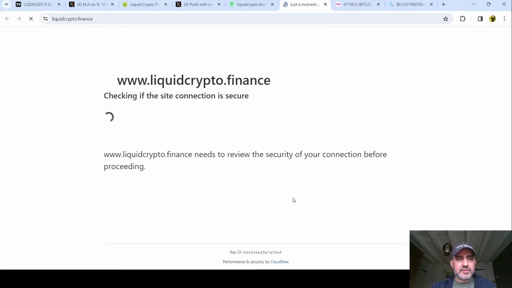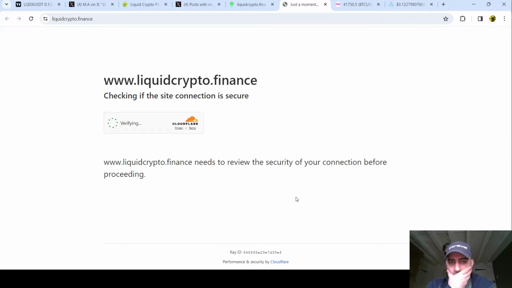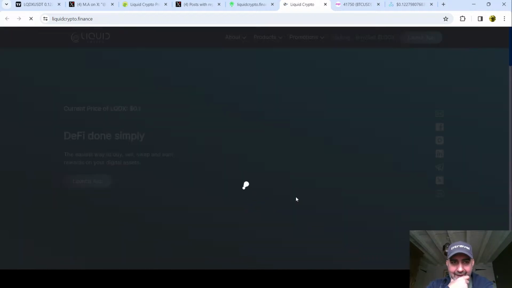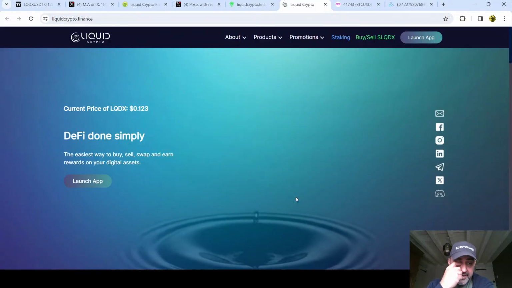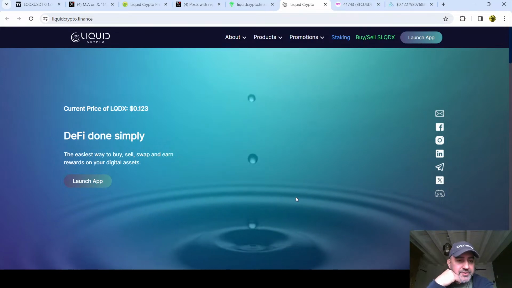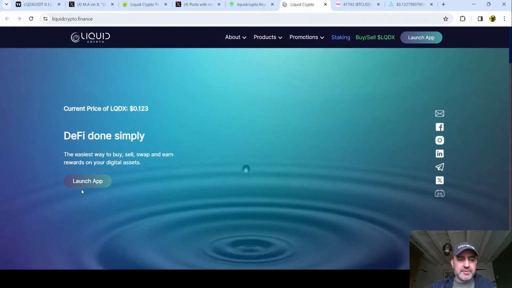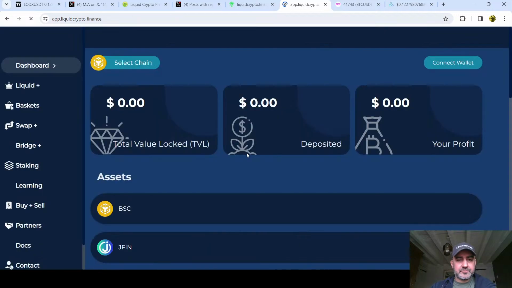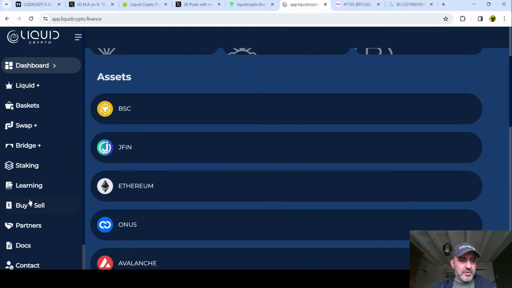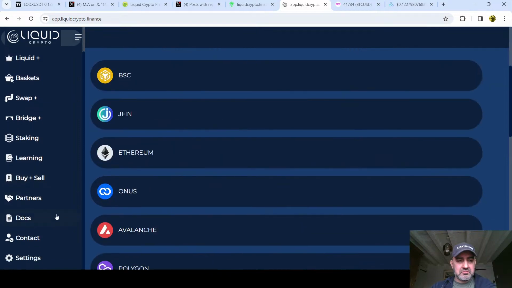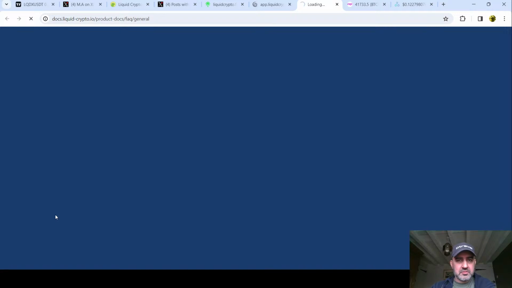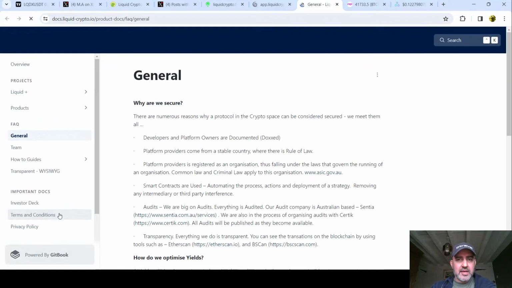Website. Let's look at this. The easiest way to buy, sell, swap, and earn rewards on your digital assets. What's that app? Let's have a look at the app. Connect wallet. Buy, sell. It looks quite interesting.